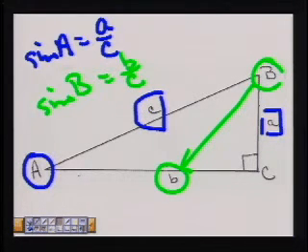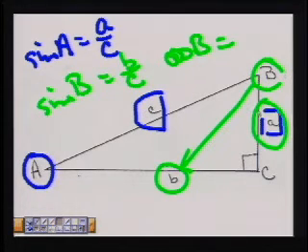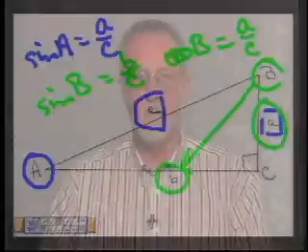Well, no, in some cases it could be the adjacent, because if we would say the cosine of B, well, the cosine of B would be the adjacent, which in this case happens to be a, so now I have a divided by c. So we have to remember which particular angle we're dealing with when we think about what is the opposite, what is the adjacent, and of course the side opposite the 90-degree angle is always the hypotenuse.